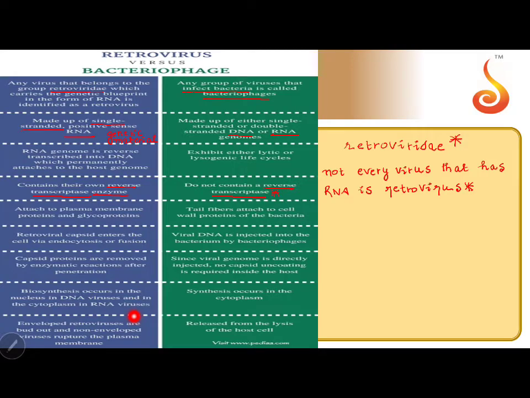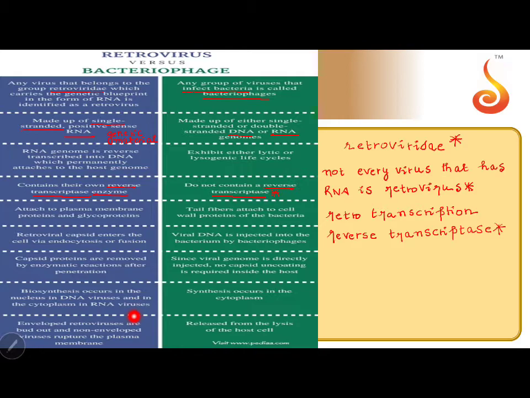That makes Retroviridae very unique because they can perform reverse transcription, that is transcription in the opposite direction, because they have the reverse transcriptase enzyme, whereas other viruses which have RNA as genetic material cannot be retroviruses because they don't have this enzyme.